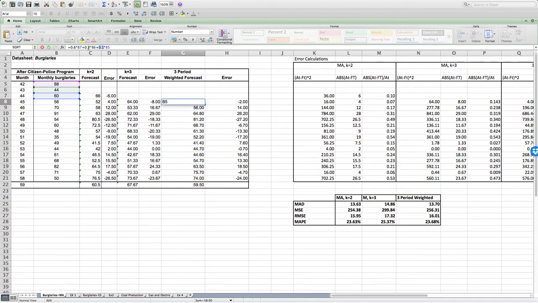And what I do is just multiply the weights with the actual observations in these periods and add them up. That should give me my 3-period weighted forecast.